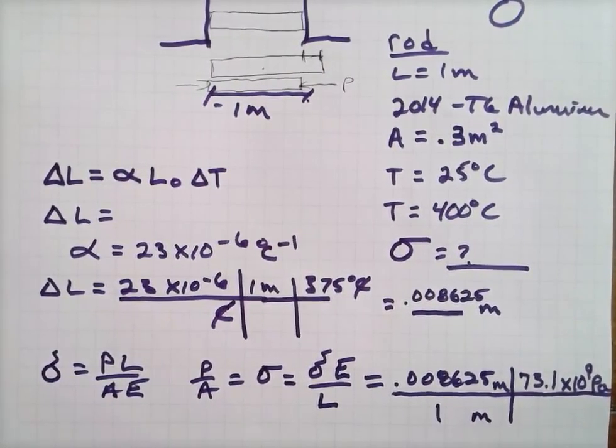So let's do this math. It equals 0.008625 times 73.1 times 10 to the 9th, divided by 1, equals, that's a big number, I just got to write it all out.